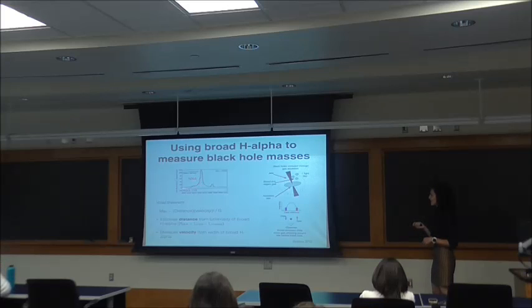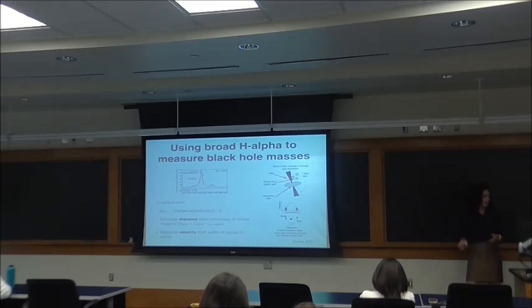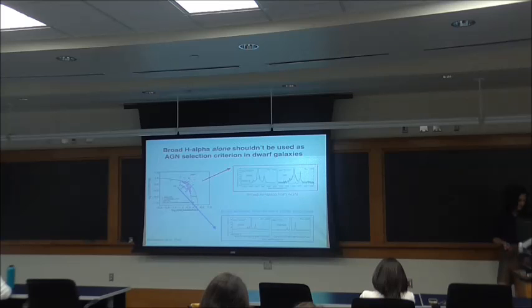So the velocity of the broad line gas you just get from the full width half max of your broad H alpha emission, and then there have been a series of empirical correlations that link the distance to the broad line region, which has been measured by reverberation mapping, with the luminosity of broad H alpha. So you can get a black hole mass estimate just using the broad H alpha emission line, although there are large systematic uncertainties associated with this, about a factor of 2. But this is one of the only ways that we can measure black hole masses for these objects.